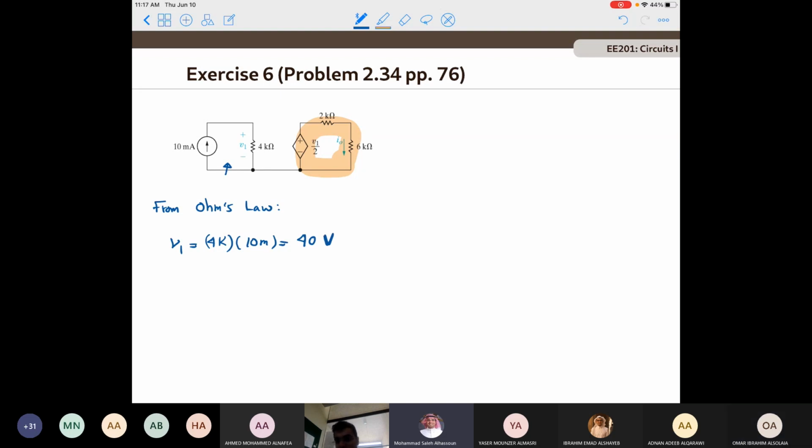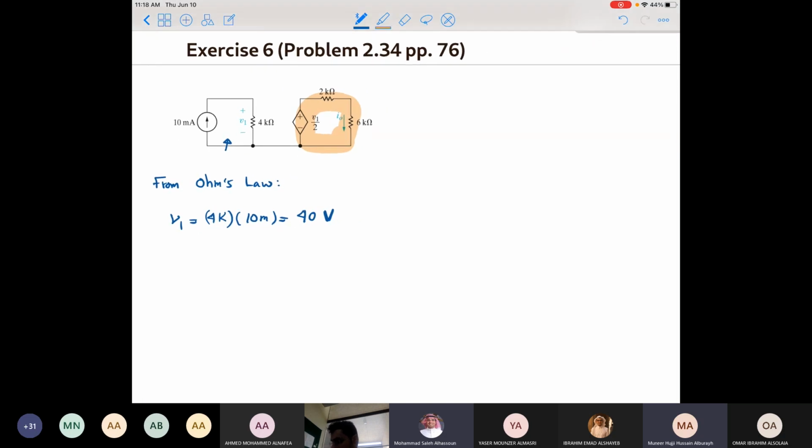Yes. Okay. Now, Munir, what should be the next step? Find V1 over 2, which is 20 volts. Okay. Then find I naught.